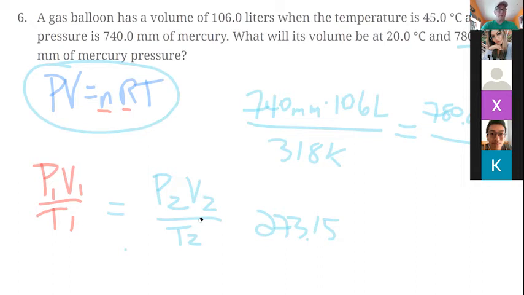I don't know how Professor Elf feels about it, but I use as many significant digits as I can. So I will change that to 318.15. So what is going to be my new temperature?